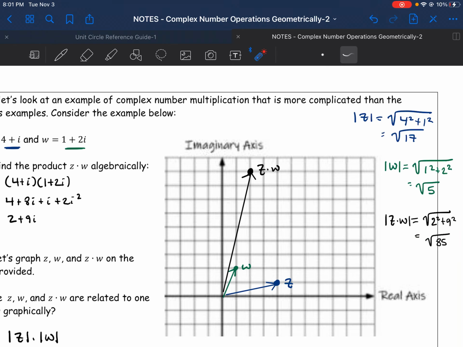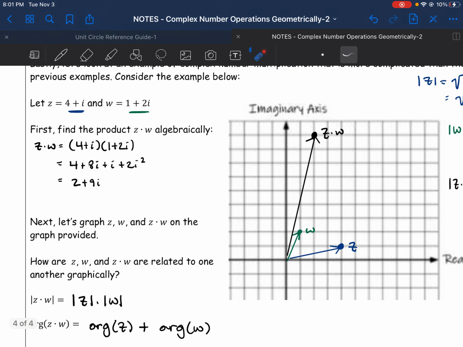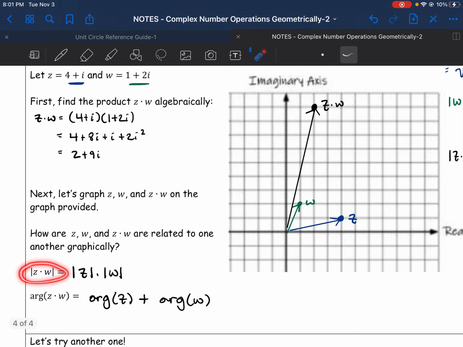So based off of this example, and an example is not proof, it's looking like if I multiply the modulus of one complex number times the modulus of another complex number, it's going to give us the modulus of the product. And in fact, that is actually what turns out to be true. So the modulus of the product of two complex numbers is simply equal to the product of the modulus of each of those complex numbers.